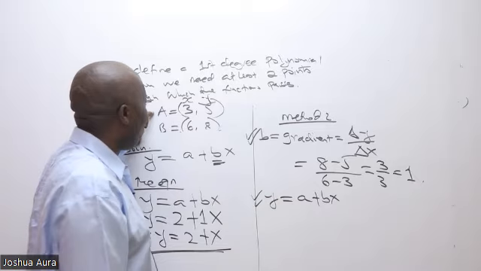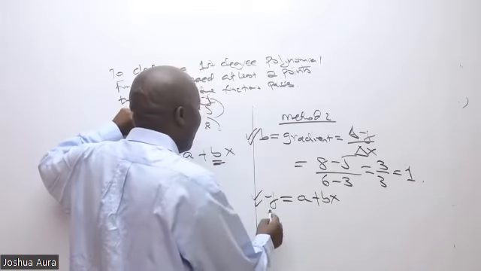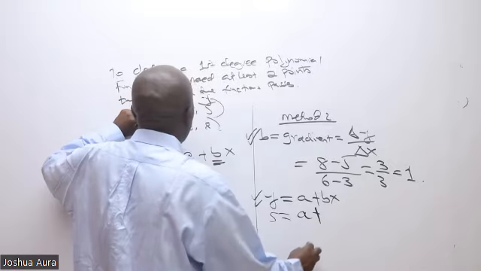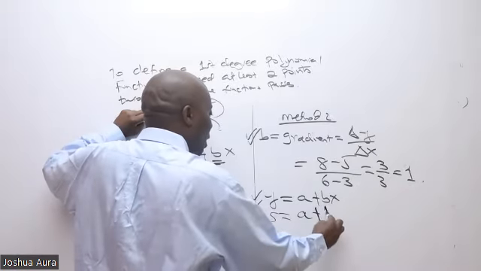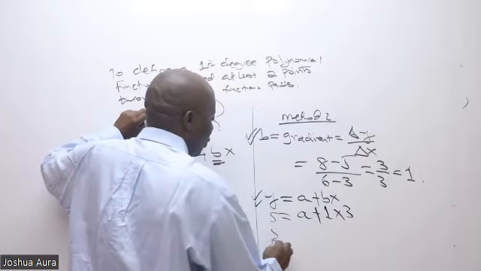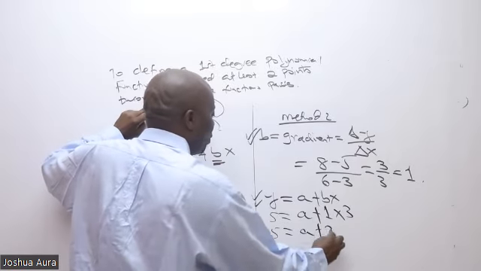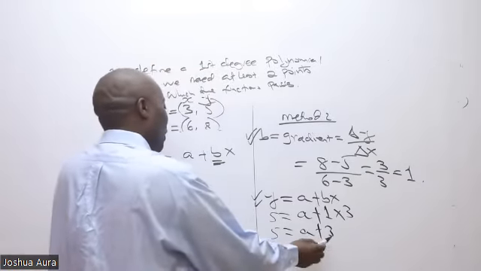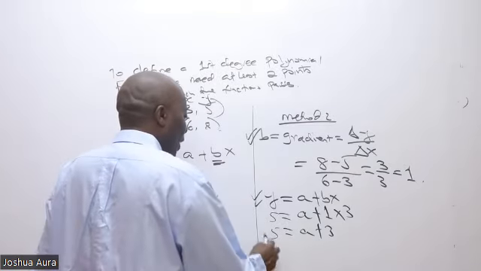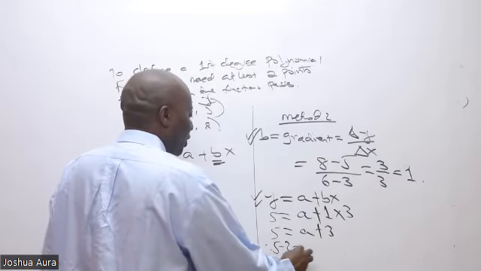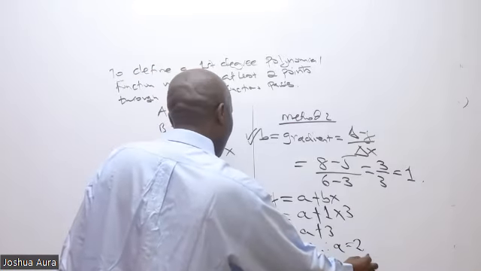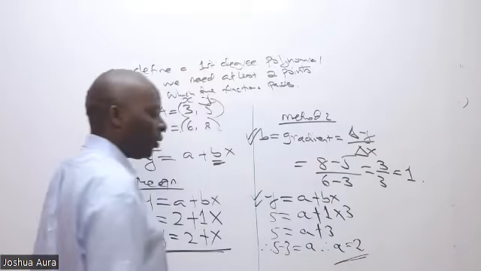In this case we have A, I'll pick A. So we have our Y here is 5 equals A, that I do not know, plus B. I know B is 1. And from this point A, I know the value of X is 3. So this will be 5 equals A plus 3. Therefore, let this plus 3 cross over. When it crosses over, it becomes minus. So this will be 5 minus 3, so 5 minus 3 equals A. Therefore, A equals 2.